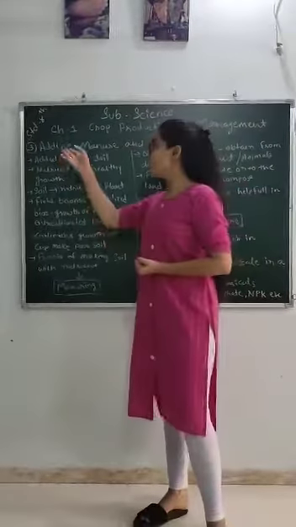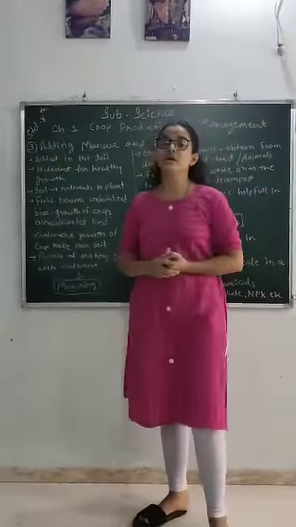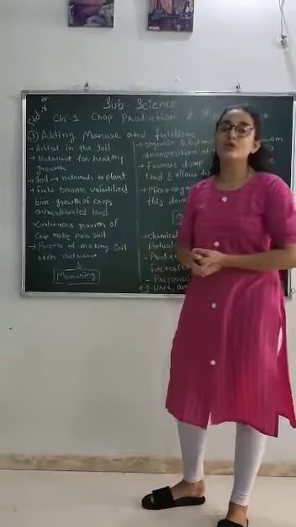That's why this topic comes as the third step: adding manure or fertilizer. We add some nutrient particles into the soil. So this manure or fertilizer is directly added into the soil.